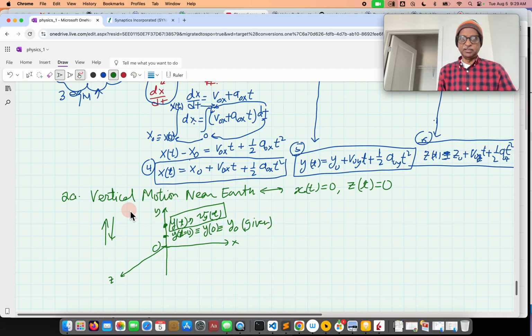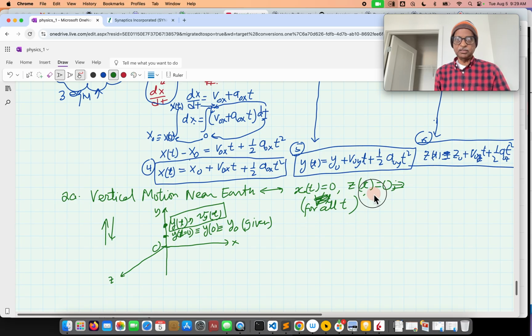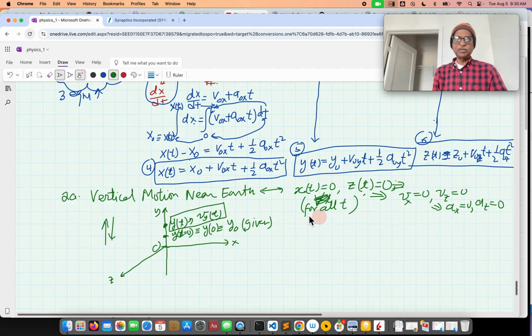We are interested in vertical motion, so for all t, Vx is 0 and Vz is 0. And of course this also means ax is 0 and az is 0. So the problem here is y motion.